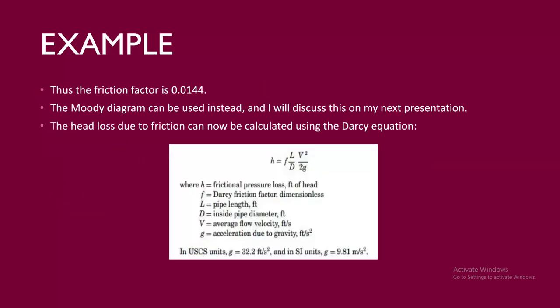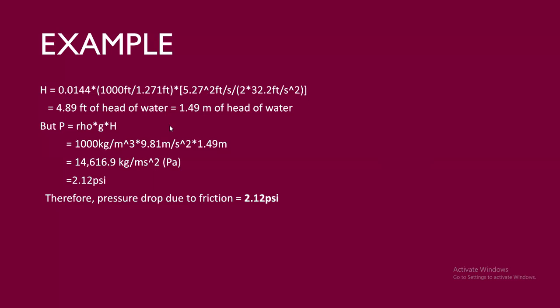Sorry, then divide by 2g. Then if you do your mathematical calculation, you get 4.9 feet of head of water. But because I think in meters, that's why I converted to meters, which is equivalent to 1.49 meters of head of water.